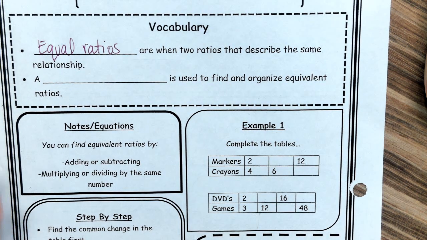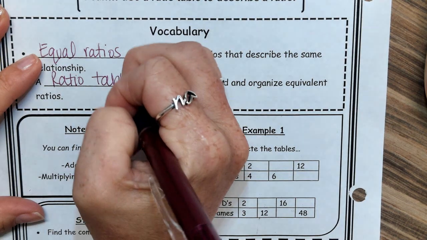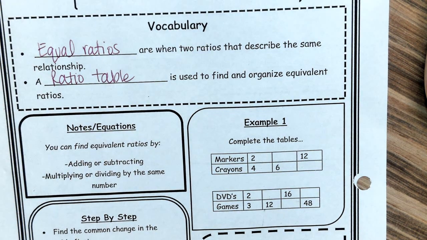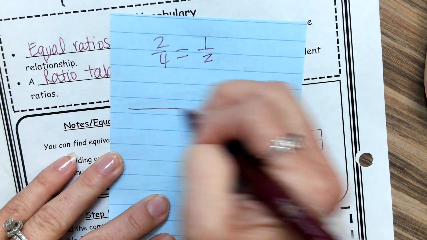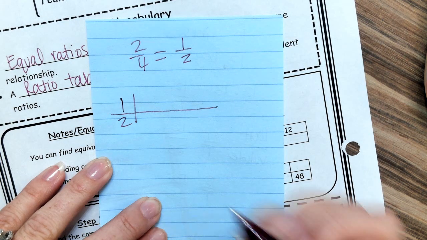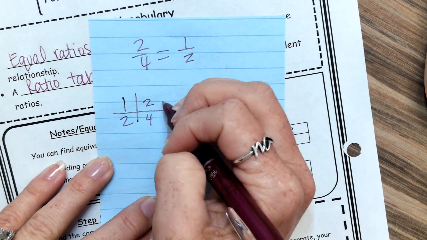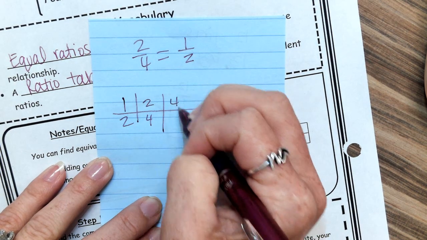All right. A ratio table is used to find and organize equivalent ratios. So basically, if I had a table and I had 1/2 as my first ratio and I wanted to expand it, I could multiply by 2 and get 2/4. I can multiply by 2 again and get 4/8.